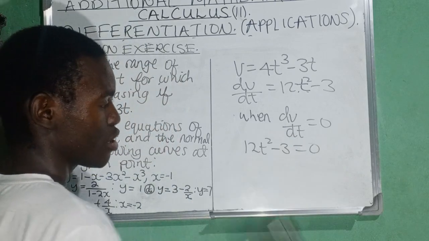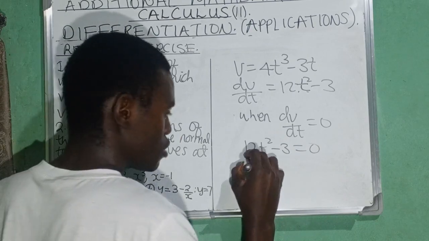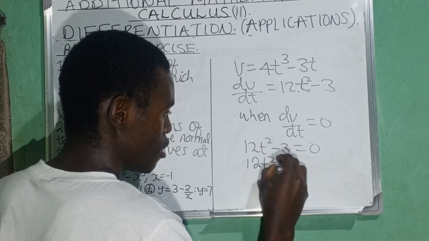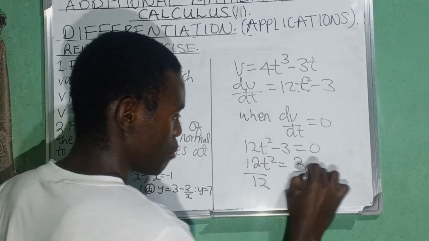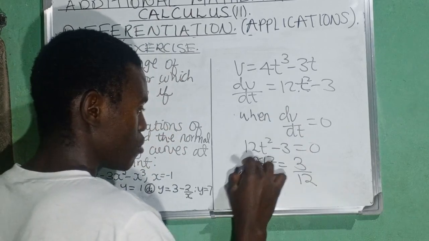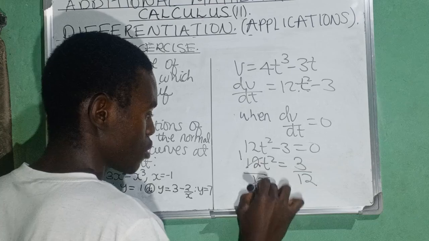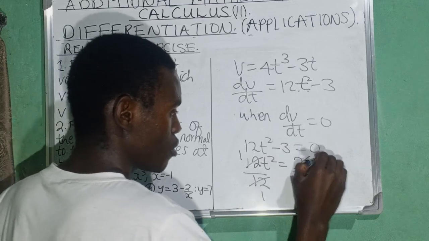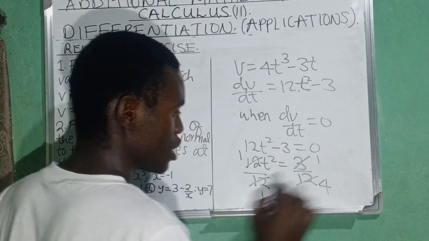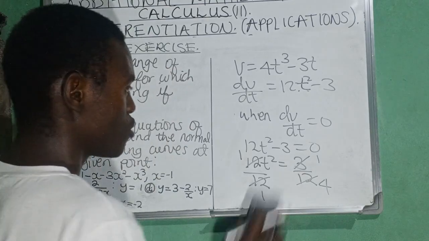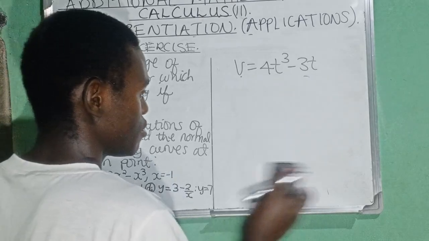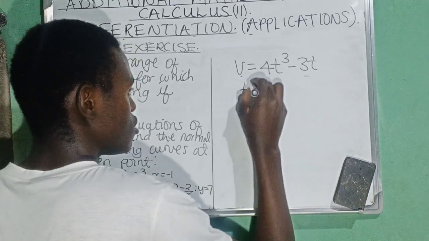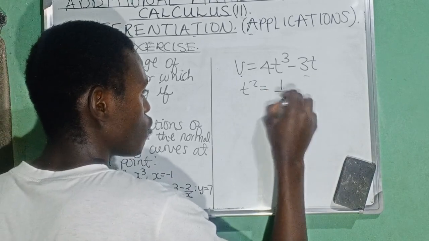We take the negative 3 to the other side of the equation, so 12t squared is equal to positive 3. You divide by 12: 12 goes into itself once, and 3 goes into 12 four times. So t squared is equal to 1 over 4.